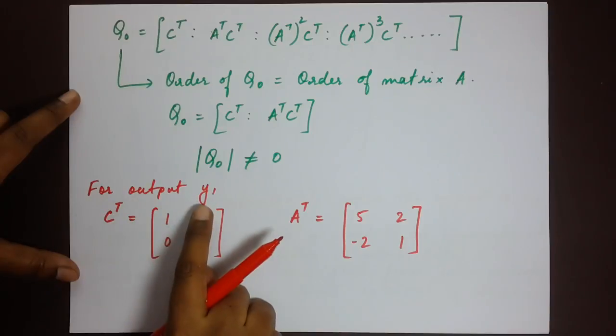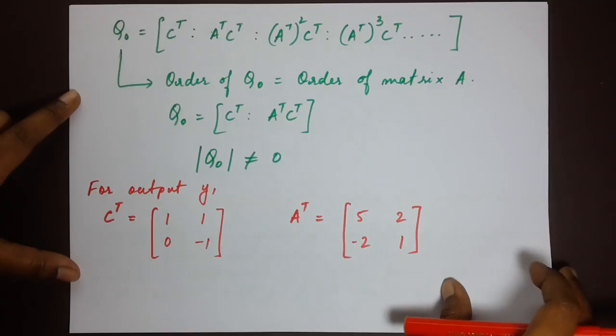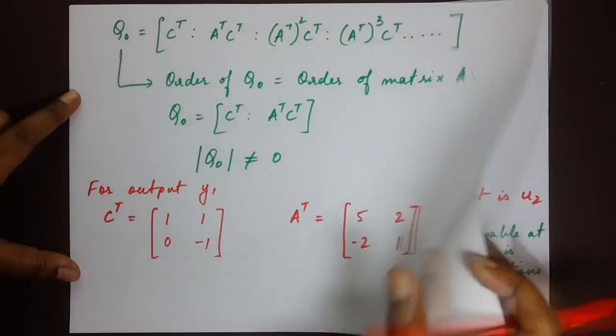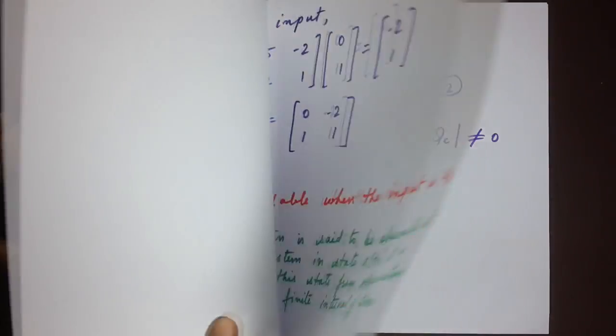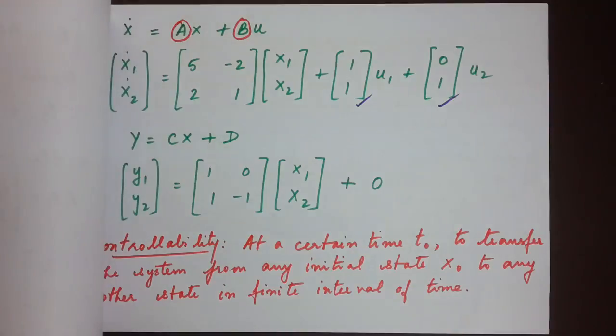When we are calculating for the output of y1, please look at this output equation carefully: y1, y2 equals 1, 0, 1, minus 1 times x1 and x2.